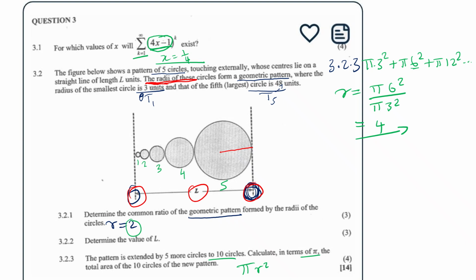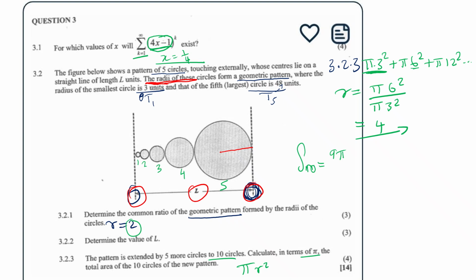The total area. So in other words, they mean the sum of all the areas of all those 10 circles. This is a geometric pattern, right? Therefore the sum of those 10 circles is equal to a, which is 9 pi, because the first term, 3 squared, is 9.